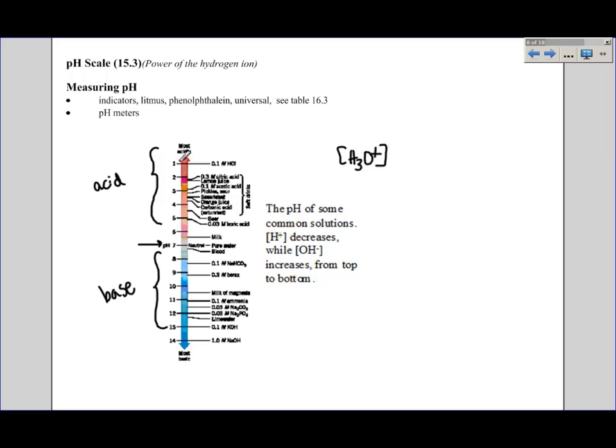So when we look at the scale, the solutions that are most acidic or lowest on the pH scale have the highest concentration of H3O plus. And the entire scale monitors H3O plus concentration, and when we are very high on the pH scale, what that means is that we have a really low concentration of H3O plus.